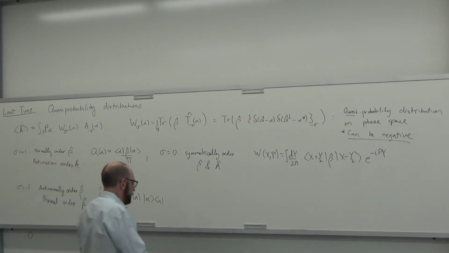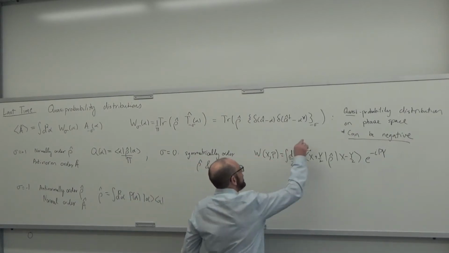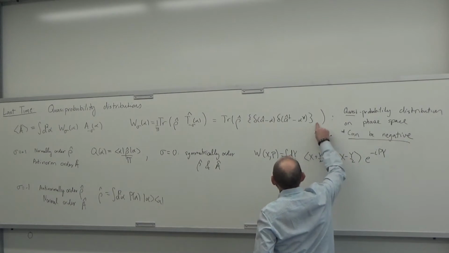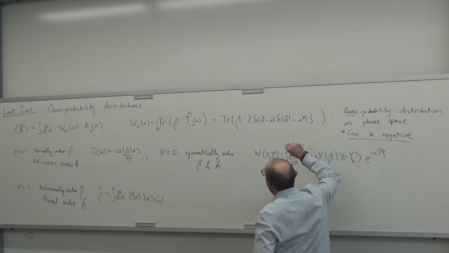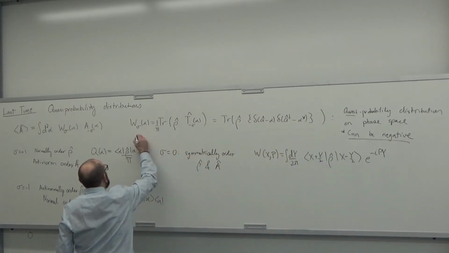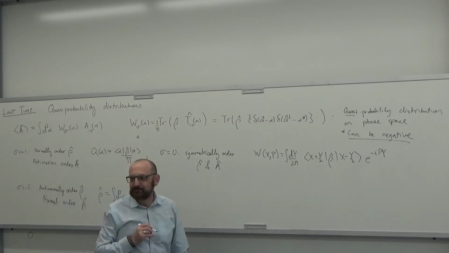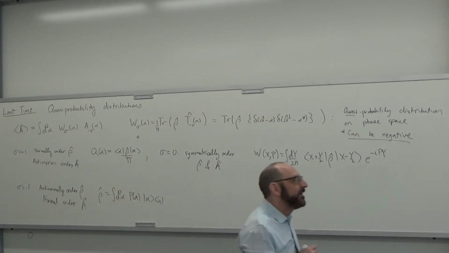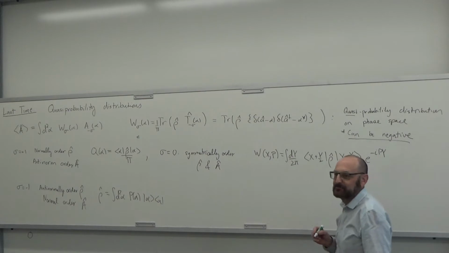So let's do an example as we saw. Let's say we wanted to calculate this, for example, for sigma equals +1, okay? So that would be, we wanted the normally ordered guy here, okay?